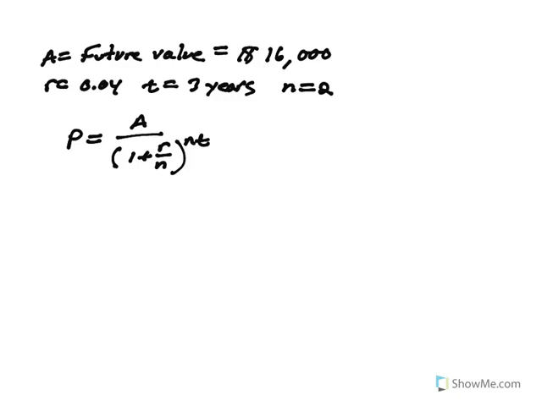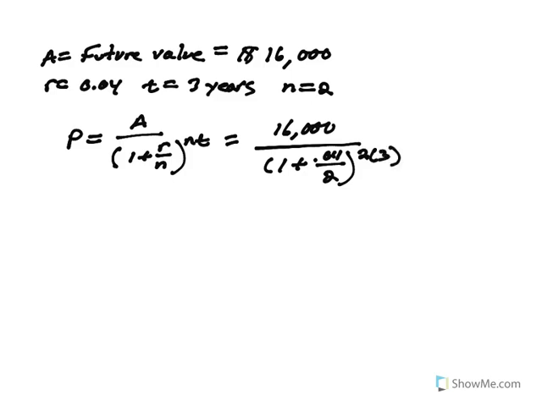And now once you have the formula, it's just a matter of plugging everything in and calculating it. So we know A is going to be 16,000 divided by 1 plus the rate, which we said was 0.04, divided by 2, raised to the n. So we said n was 2 and the time was 3 years.